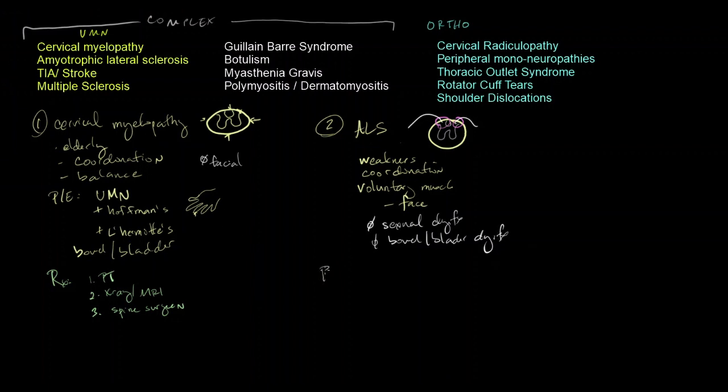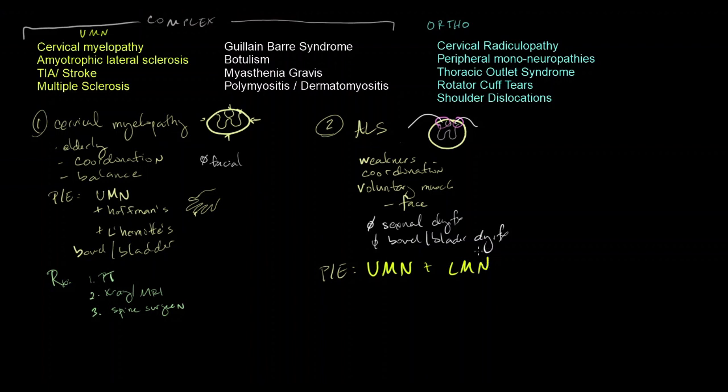The physical exam for ALS is probably the most important part of this disease process. You will have both upper motor neuron signs and lower motor neuron signs.